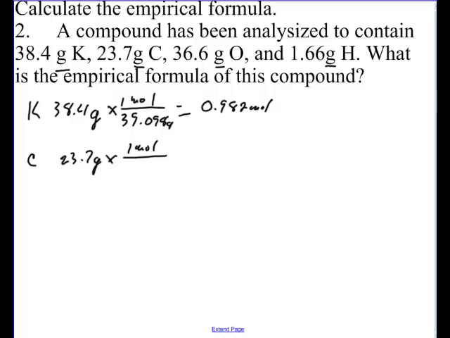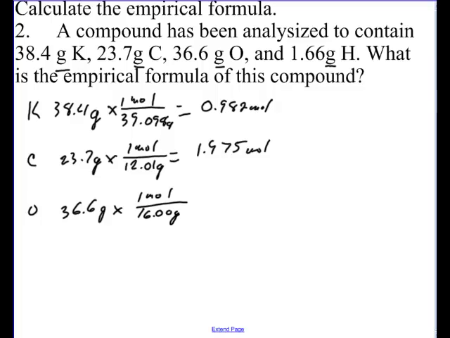My next one is carbon, and we've got 23.7 grams of carbon. 1 mole of carbon is 12.01 grams. That gives me 1.975 moles. The next one after that is oxygen, 36.6 grams. 1 mole of oxygen is 16.0 grams. That gives me 2.29 moles.